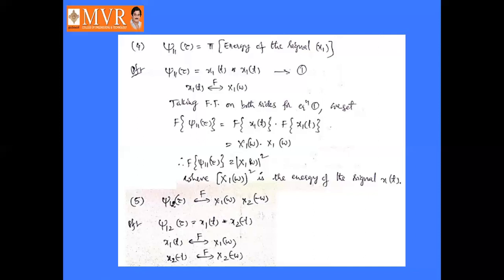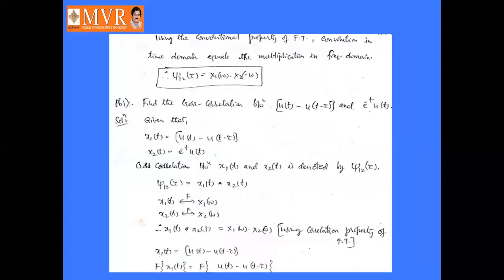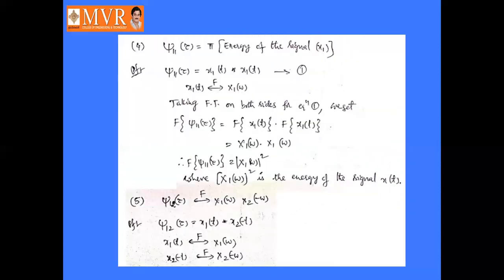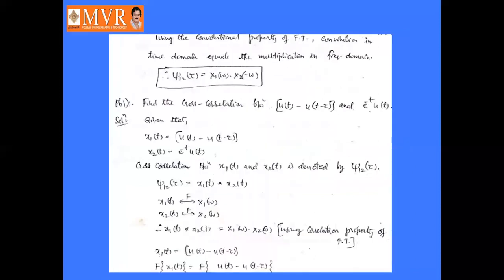The Fourier transform of x1 of t is X1 of omega, and the Fourier transform of x2 of minus t is X2 of minus omega, right? Using the convolution property of the Fourier transform, convolution in the time domain equals simple multiplication in the frequency domain. So the Fourier transform of J12 of tau is X1 of omega into X2 of minus omega. These are the properties of autocorrelation and cross correlation functions.